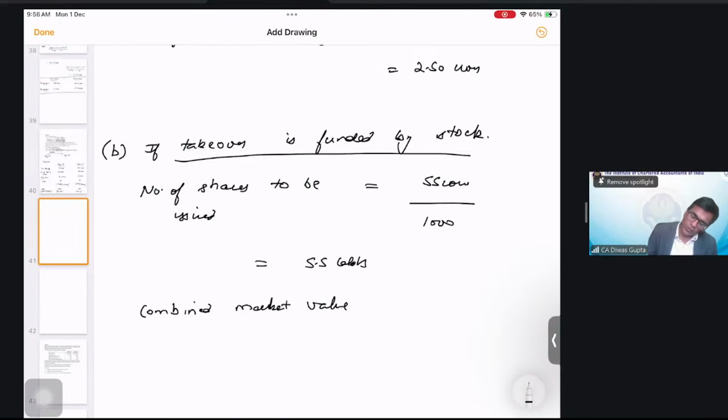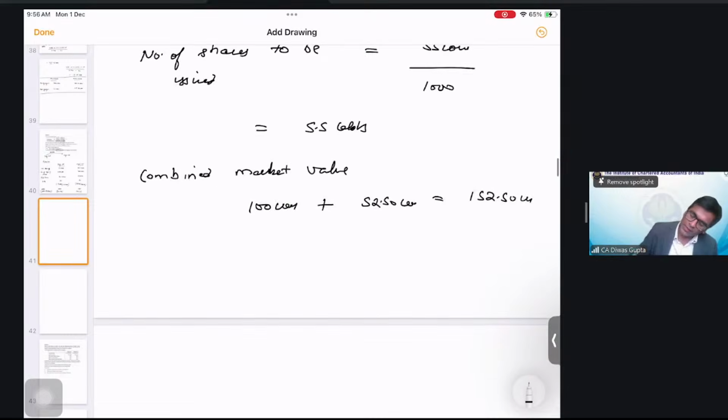So the combined market value will be 100 crores plus 52.50 crores, right? This is the combined market value of Day and Night put together, 152.50 crores, right?